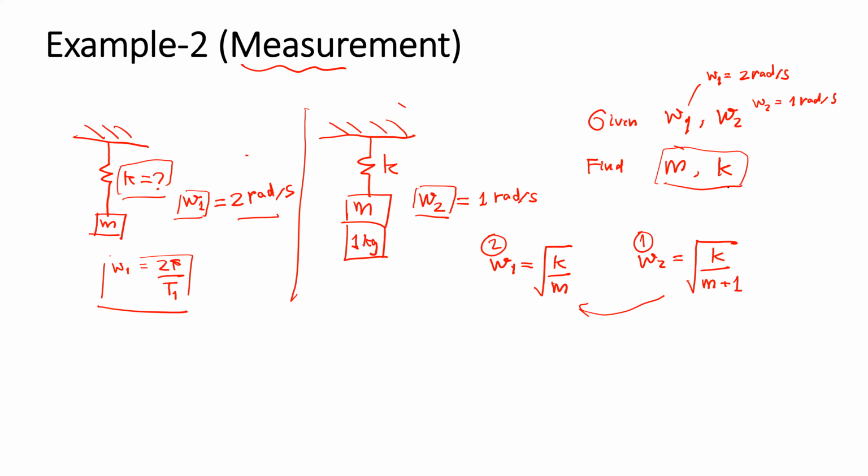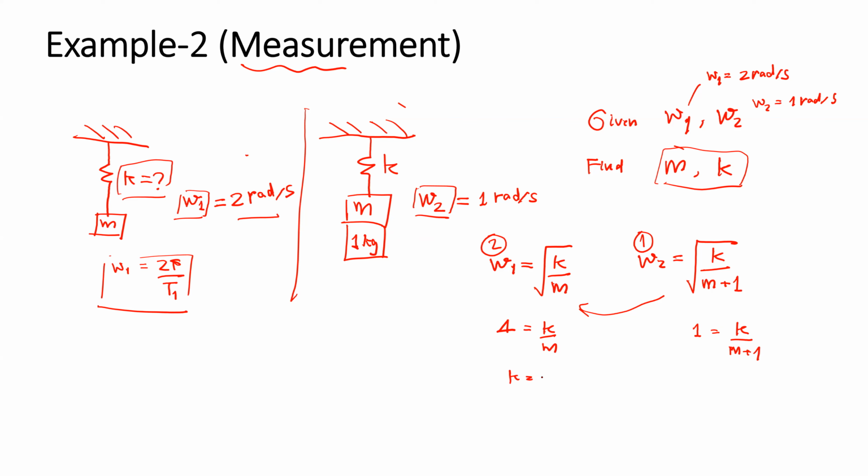So we just take the square of this equation. We're going to have 4 equal to K divided by M. And for this equation, we have 1 equal to K divided by M plus 1.